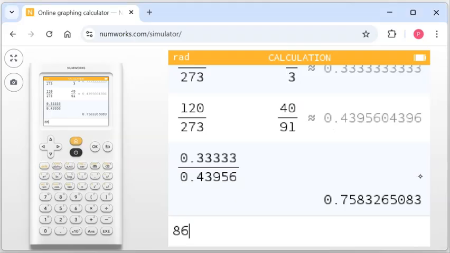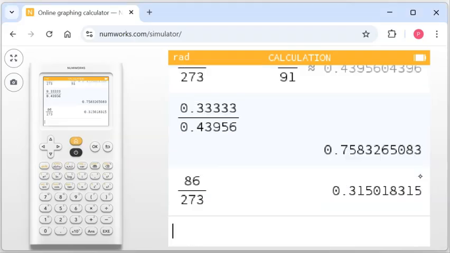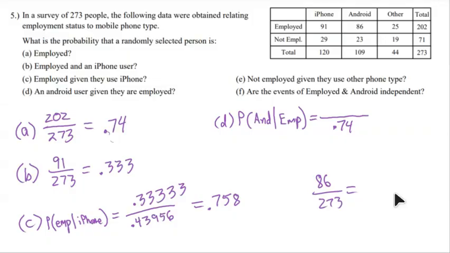Well, let's find out what 86 out of 273 is. Okay, 86 out of 273, and that's going to be 0.315018.